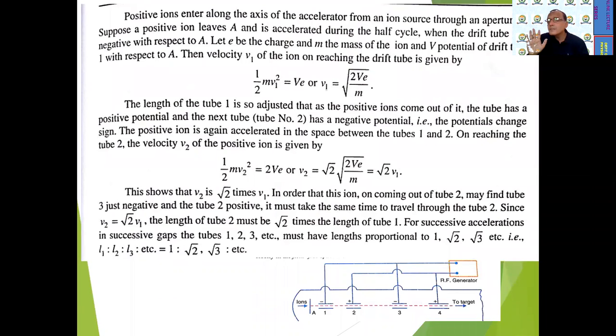This will depend on the gaps between the cylinders, how many cylinders you arrange linearly in that particular linear resonance accelerator, because after passing through each gap the energy is increasing, isn't it?